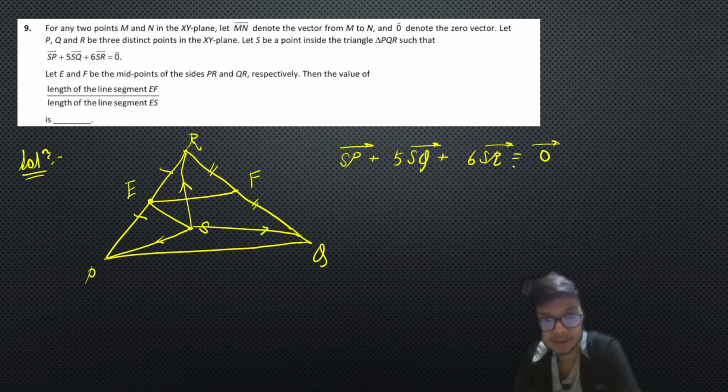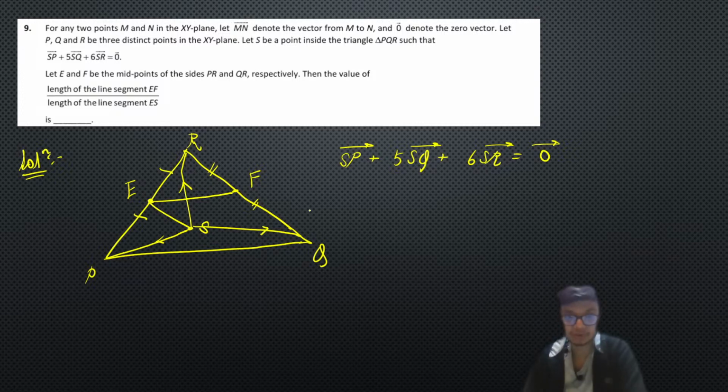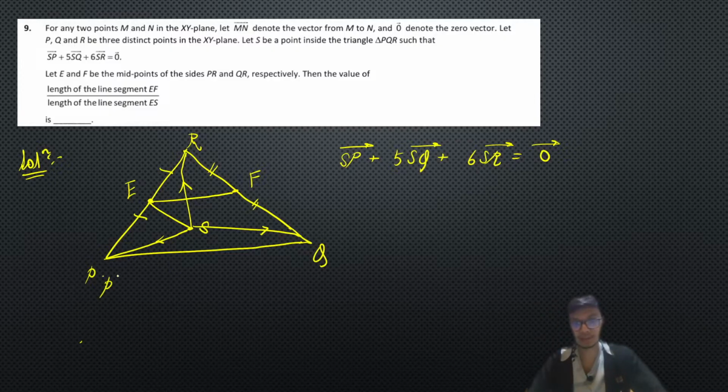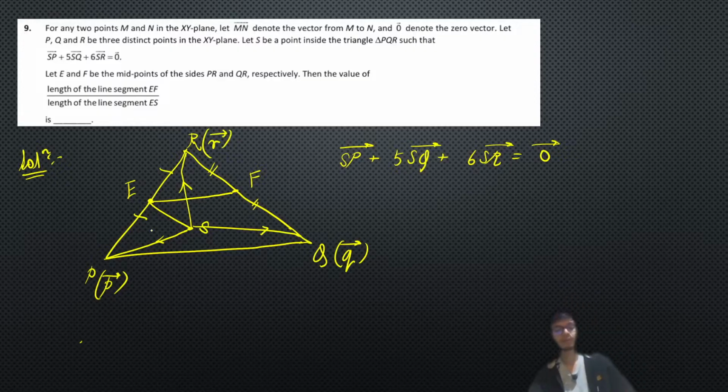Right, great. Now we have to find out how we can proceed with this question. In order to start, it is always very easy if you can assume an origin somewhere, and you can start by assuming the position vectors of points P, Q and R. Since it is not given, let us assume small p, small q, and small r as the position vectors of the corresponding points.